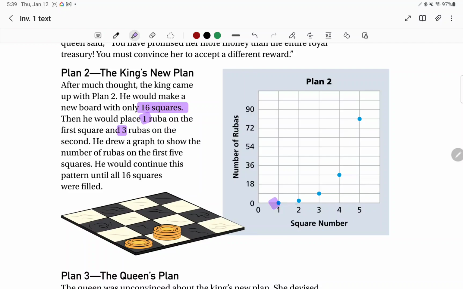So 1, then 3, then 9, then 27, and so forth. And that would be 81. So this is at 1, 3, 9, 27, and this would be then 81. So we're looking at that pattern. Okay, so that's plan 2.